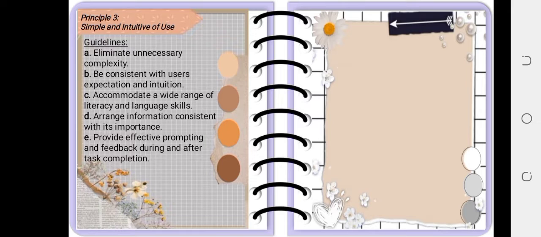An example of simple and intuitive use is a website that is well organized with clear headings, which will facilitate access to information.